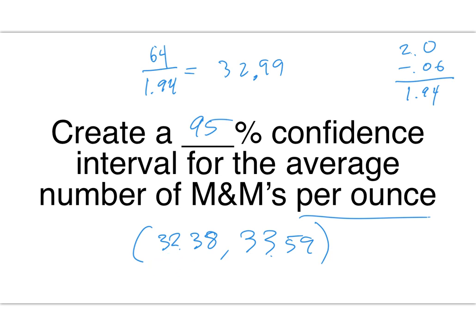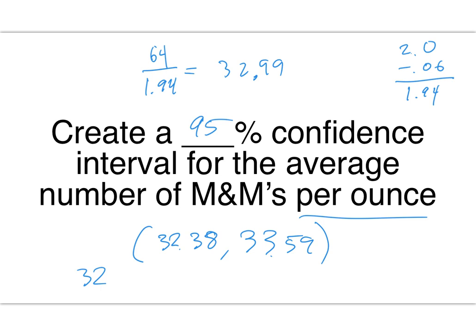So our interval, 32.38 to 33.59, was the average number that we calculated. And on the back it said that we should expect there to be 32. Since 32 is not in our interval, then our interval would basically be saying that their claim is false.